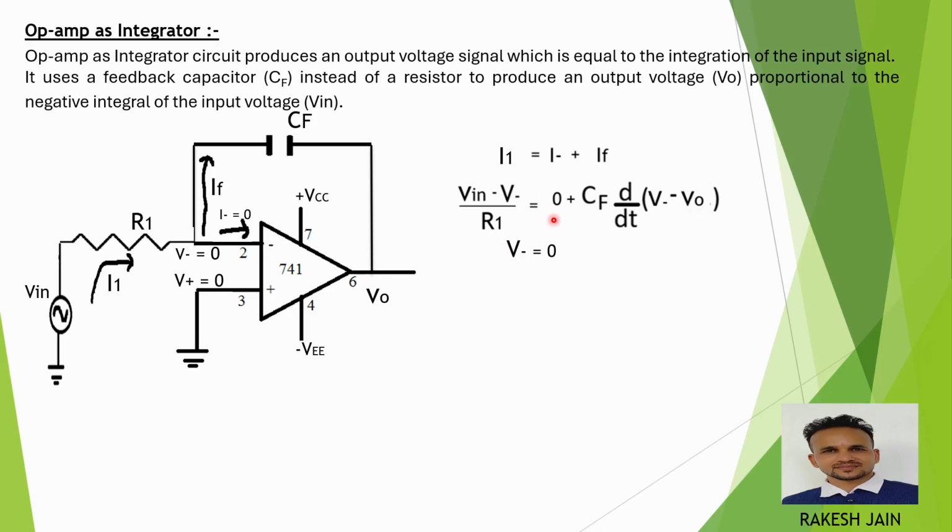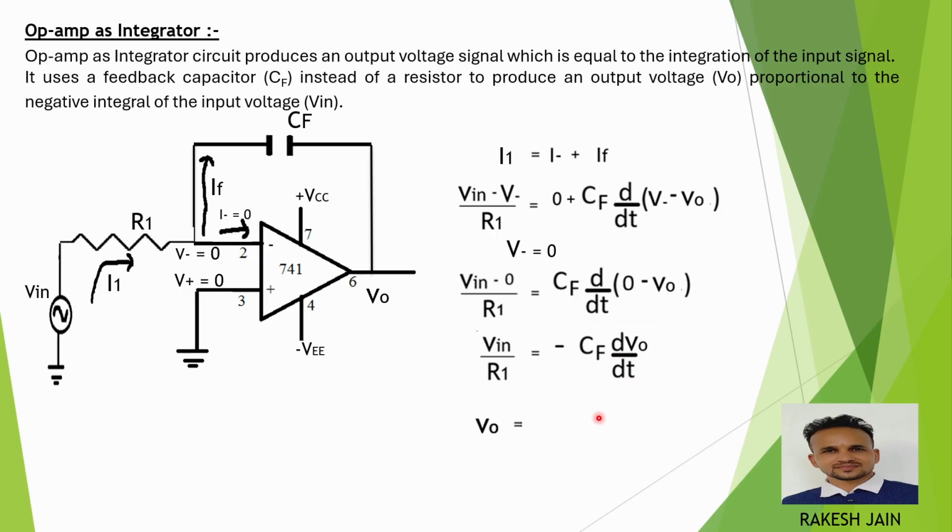And we know the inverting input potential, to maintain the virtual ground concept, is equal to 0, as the non-inverting is also 0. So put this value in this equation. V input minus 0 divided by R1 is equal to CF d by dt of 0 minus V node. So it becomes V input upon R1 equal to minus CF d by dt of V node.